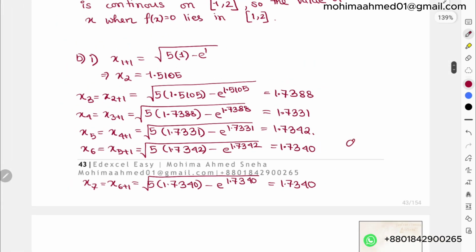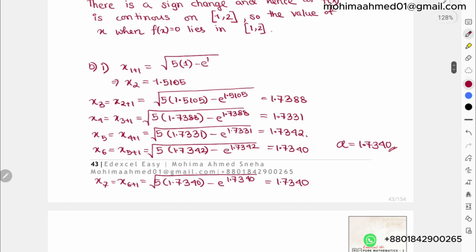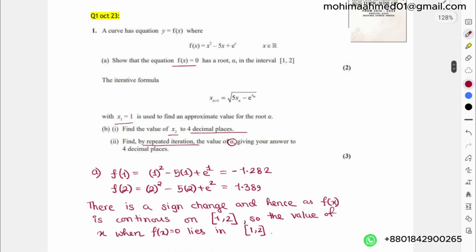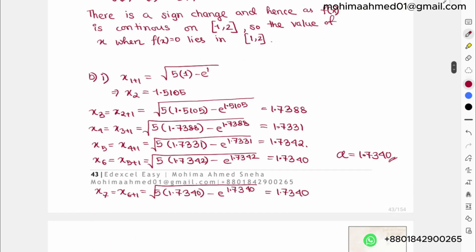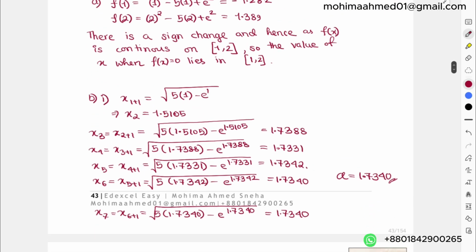So in that case, the value for alpha is actually 1.7340, right? Because the last two are repeated data, so this is the same value. So this is it. We are done with your October 23 also. That's your part 1 and 2.